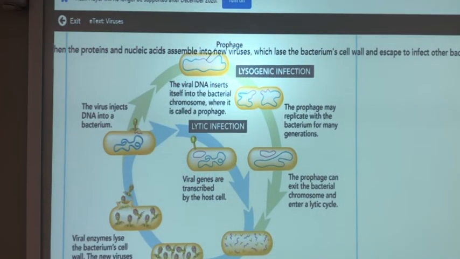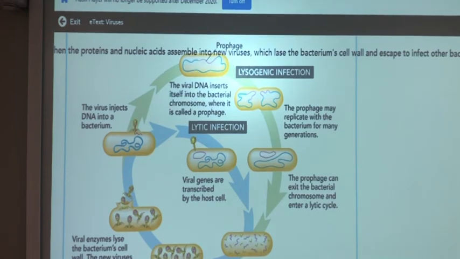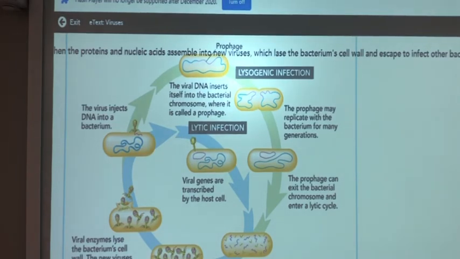Okay, this is chapter 21, lesson 1. We are taking a look at a lytic infection versus a lysogenic infection.